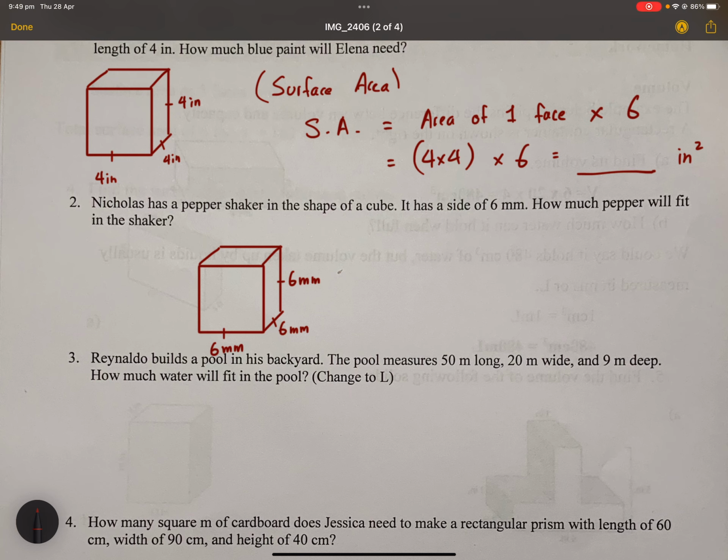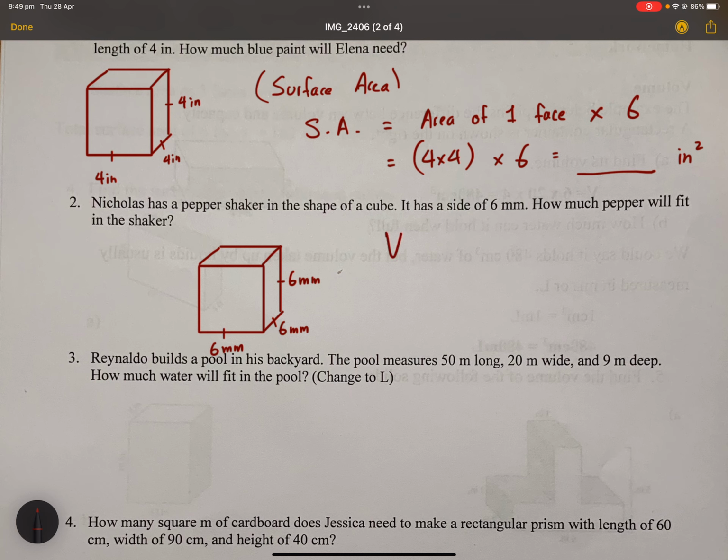Now, the question is asking us, how much room is there in the pepper shaker? When we're talking about how much room or space something takes up, we're usually talking about volume, because this is a 3D shape. If it was a 2D shape, we'd be talking about area, but it's a 3D shape, so we're talking about volume. So we need to find the volume.